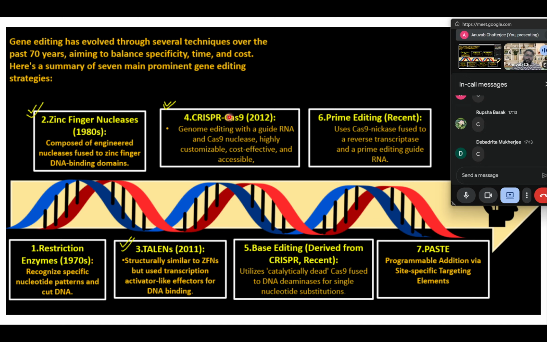The people who discovered this actually got the Nobel Prize in 2020 for the discovery of CRISPR-Cas9. This is probably the most simple and most effective genome editing system that we have currently, and it is probably something that you would know about much more than the other techniques.